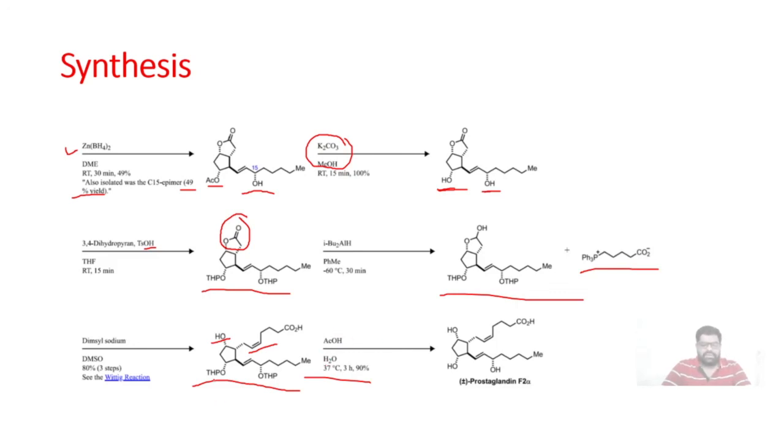So once we deprotect this THP, we get this free OH group over here, and this is why I like this synthesis, which is one of the classic examples of total synthesis of a natural product. So friends, we have 1, 2, 3, 4, and 5 chiral centers, and without any hassle, this synthesis was performed by E.J. Corey and co-workers.